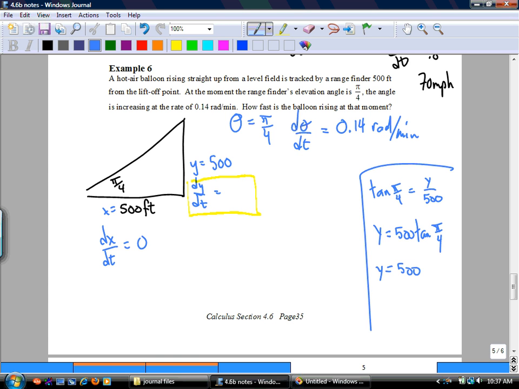Okay, write a relationship that involves the opposite and the adjacent sides of a triangle. Tan theta equals y over x.